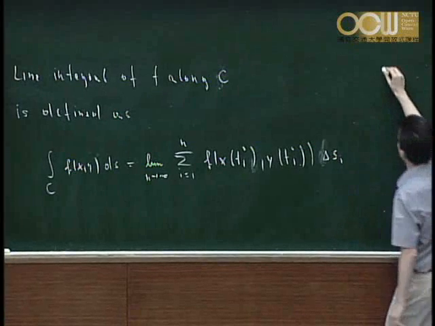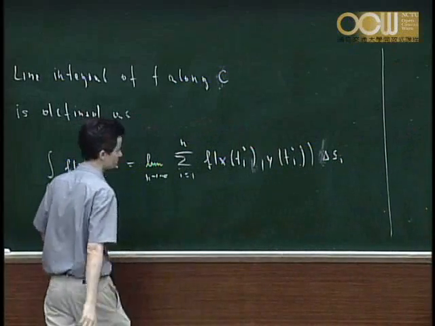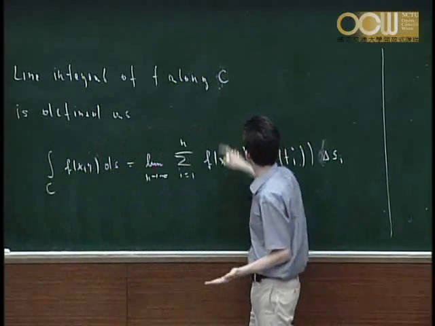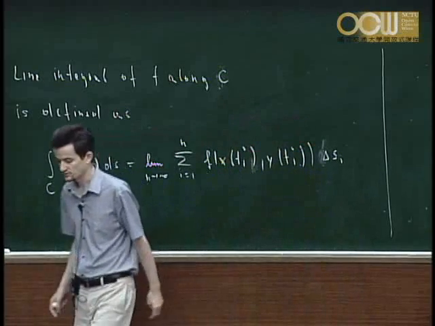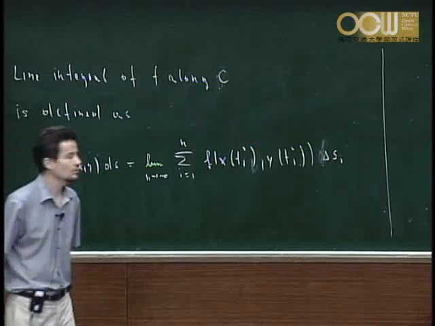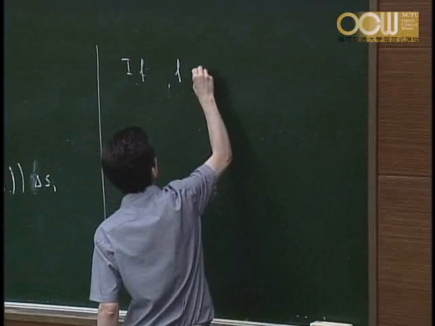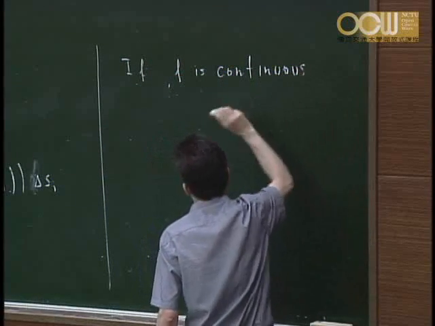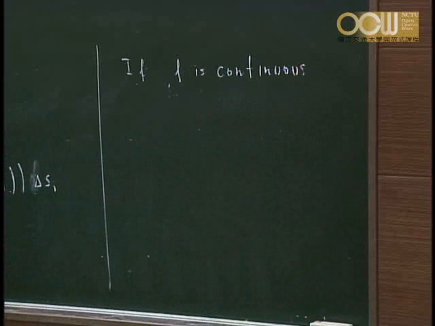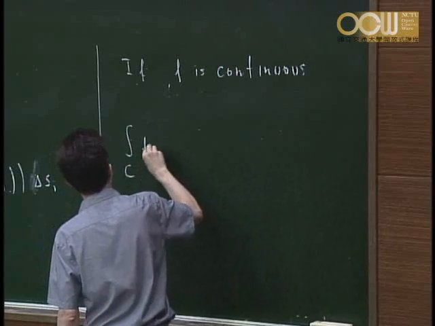Now, as I said, it can be proved that if f is a continuous function on C, this is enough to ensure that this limit exists and is independent of the choice of the sample points. Moreover, if f is continuous, of course, as a function of two variables on C, because C is for us the important set, the domain of the function, then there is an easy way to compute the line integral.